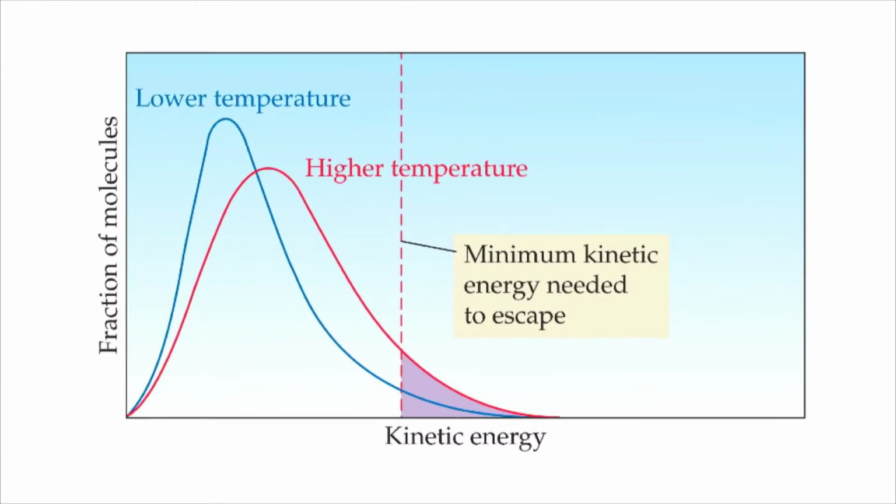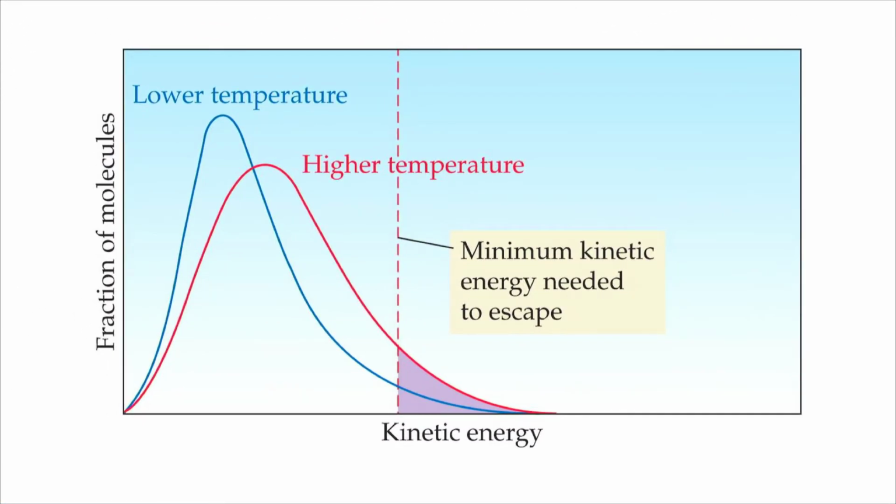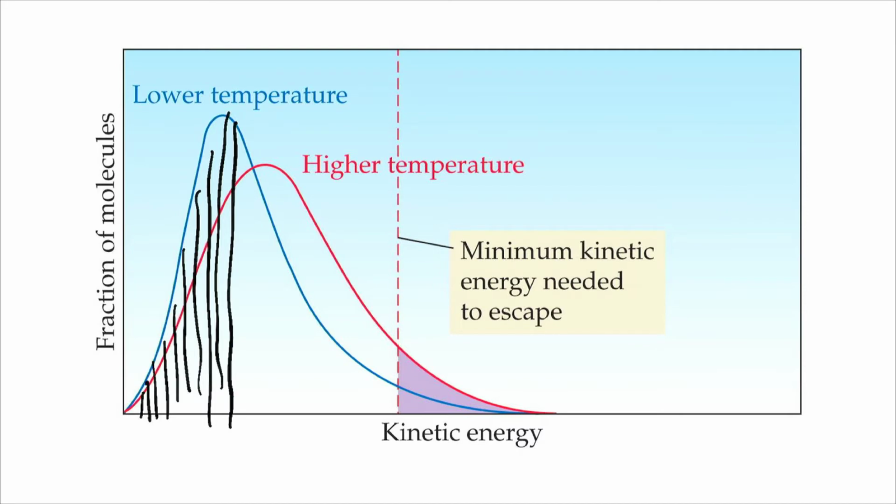So let's zoom in on this graph. And just like this graph shows, if we have a low temperature, we have a distribution of energies for different molecules. So you'll have a few molecules who are down here at the bottom end, very, very low energy. They're moving very slowly. And then as we increase in kinetic energy, you'll start to see more and more and more. And this average, this peak here, so really more like maybe right here for the blue.